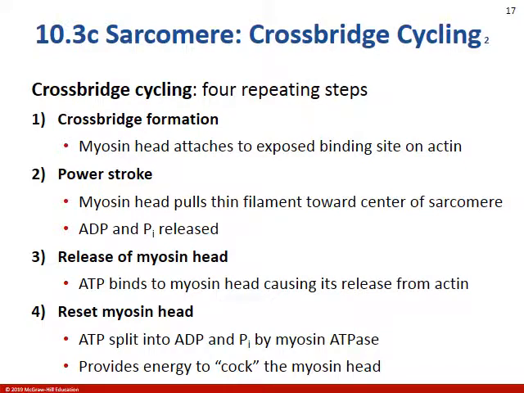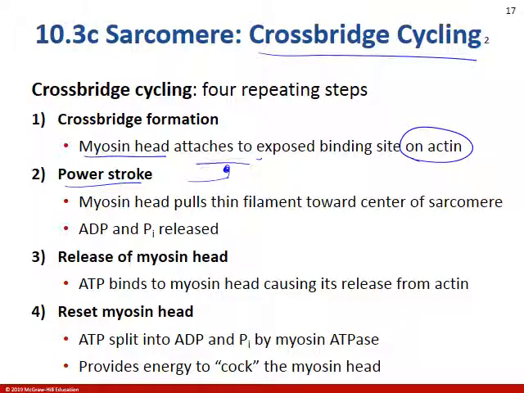Here are the steps that are going to repeat over and over again for cross-bridge cycling or contraction. So the myosin head can attach to the actin. Why? Because we unlocked the lock, which was troponin, and we moved the gate, which was tropomyosin. Now we can do something called the power stroke because the myosin head can pull on the thin myofilament towards the center of the sarcomere.